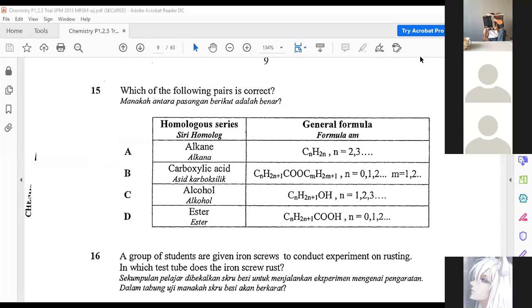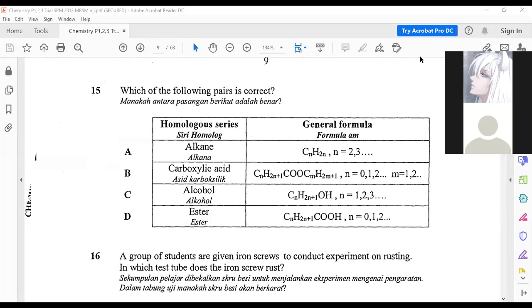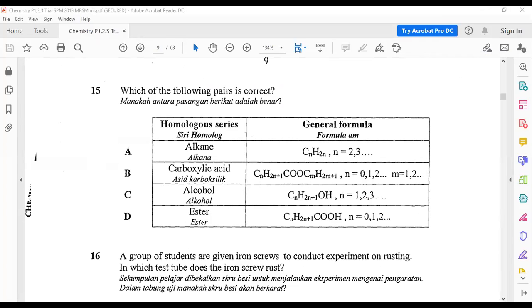Because it should be CnH2n+2. Okay, good. CnH2n+2. Here, plus 2.